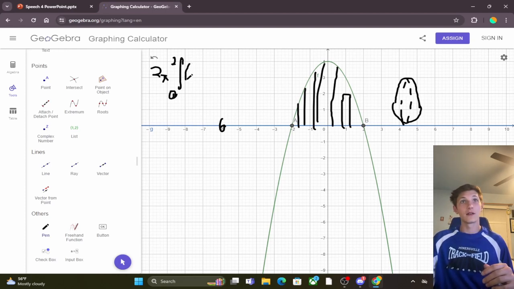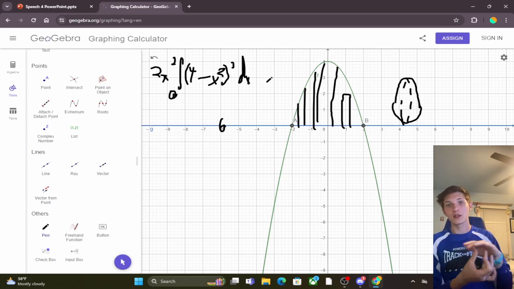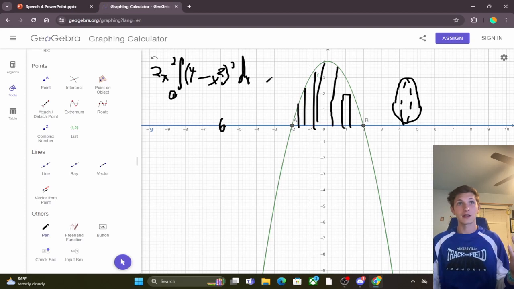So we have our radius, which is 4 minus x squared, quantity squared, radius squared, times dx. We're going to be adding up all those little sections, so we're multiplying by a dx. Now, integration is undoing a derivative, which is basically finding the slope at a given point.